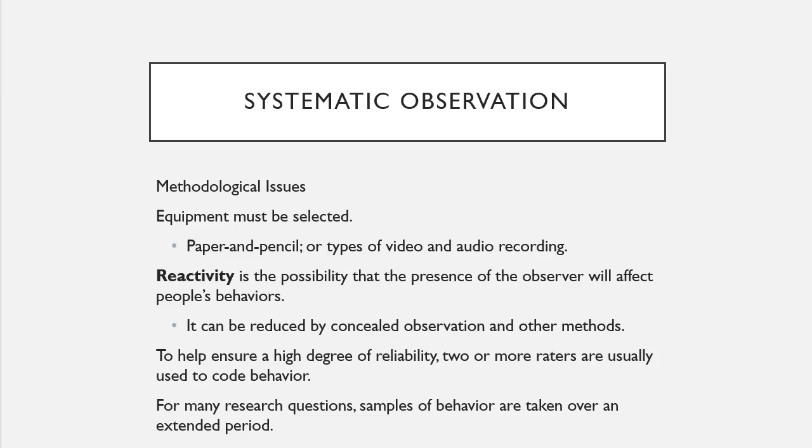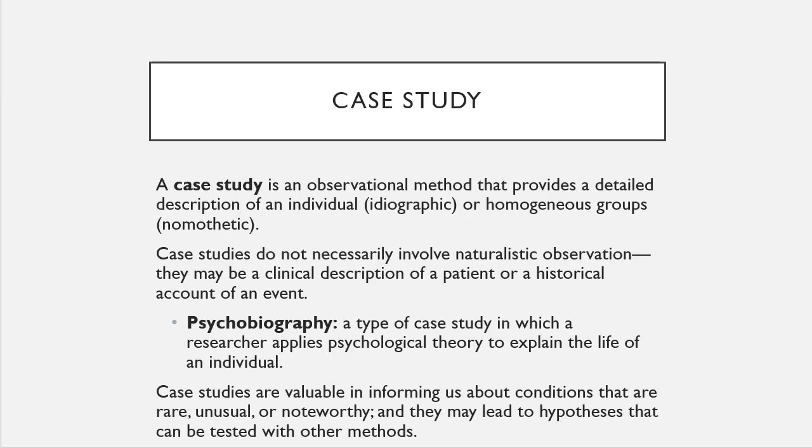But if they are audio or video recorded, they're more likely to be reactive because all of their behaviors are on tape for posterity, and they have to kind of be on their best behavior. They're going to react differently because they know that their behavior is being permanently documented. So we do need to be careful about reactivity whenever we're using systematic observations.